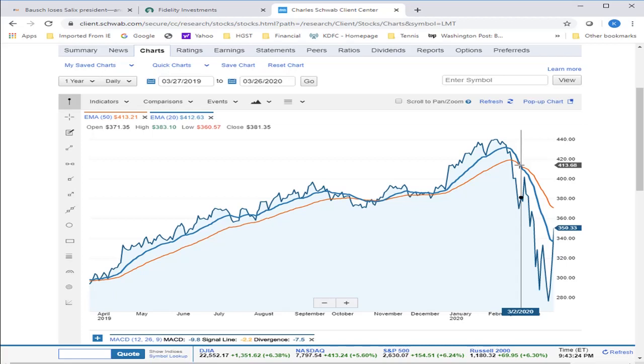So if you look at this again, that's around 370 or so, maybe 380. So this would be a possible sell signal, and at this point the stock has not crossed back up in an upward moving direction, so we have not reached what would be a buy point based on the moving average crossings.